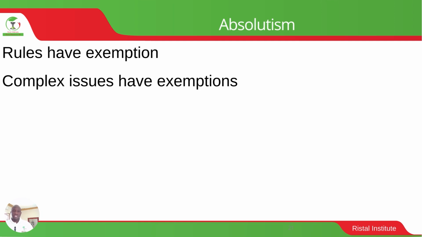If you're evaluating issues, you don't need to rush to conclusions just because you have particular rules, and therefore, because the rules are rules, think that there can be no exemptions for particular individuals. So don't use that in your arguments. It's important to evaluate each matter that comes and see whether exemptions can apply or not.